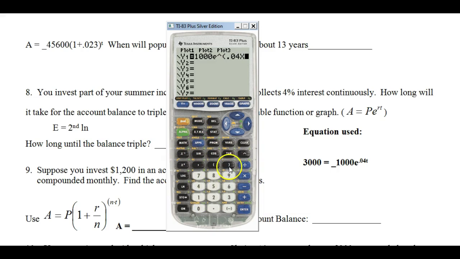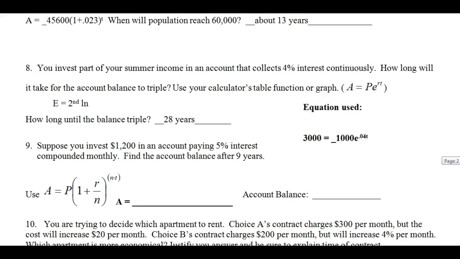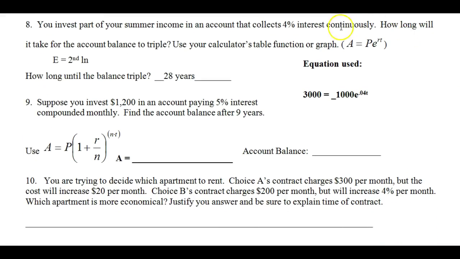Again, I don't have a T key for this, so I'll use X. And then I just do second graph and start looking at my chart until I get to the year that 3,000 gets hit, which would be 28, not year, versus 28 years. And again, we're just kind of semi-approximating. Once you see that magic number show up in the right-hand column, that's when you get to stop. Okay, but again, I'll tell you the equation, so use the equations that are given.